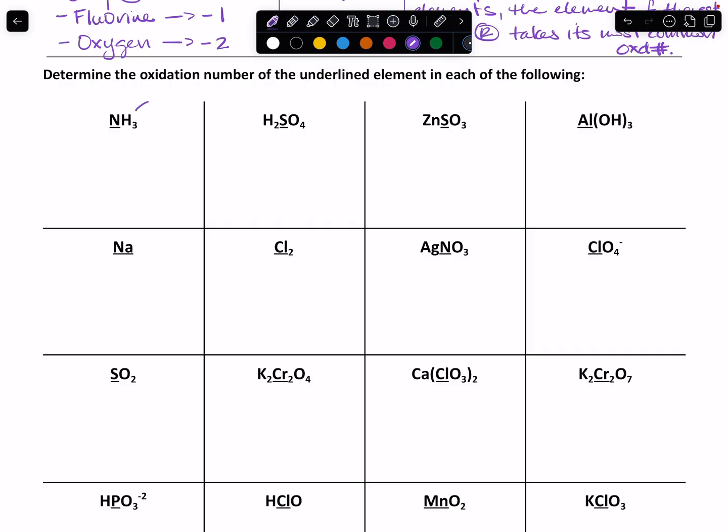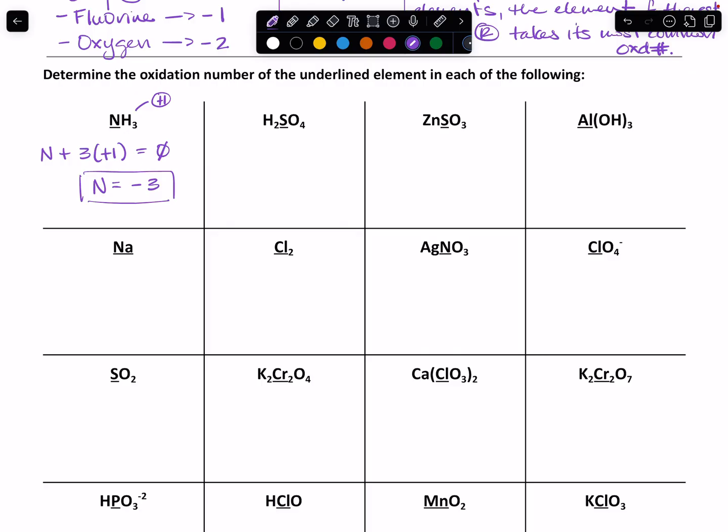I know that hydrogen is most often a +1 oxidation number. So I've got this nitrogen and 3 hydrogens, each with an oxidation number of +1, and the molecule is neutral, so those need to add up to 0. So I end up with nitrogen having a -3 oxidation number, as we expect. We'll see later nitrogen does not always behave in this way.